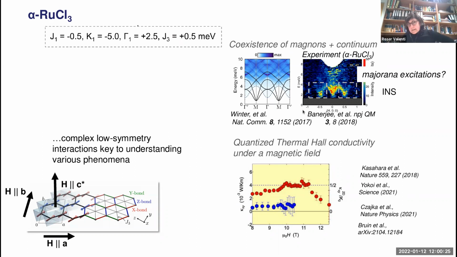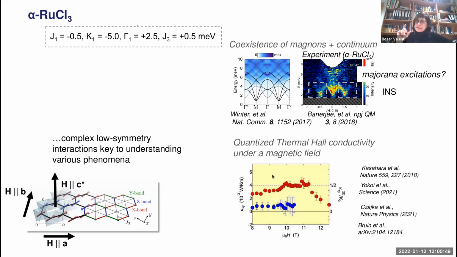So I'm not going to do a review of all the experiments. There are many nice experiments, but there is one experiment that I think will come up later today in the various talks, because this experiment is very special for the prediction that it gives, which is thermal Hall conductivity under a magnetic field.